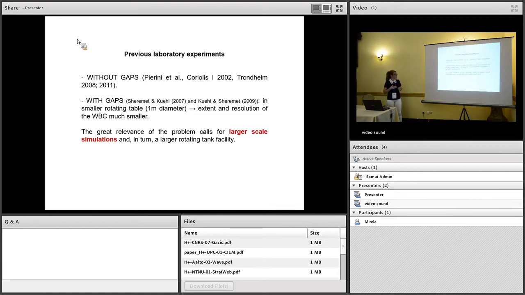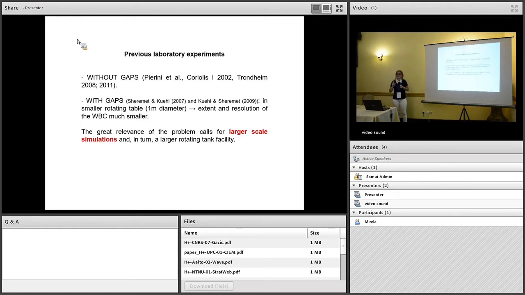What they saw from these small-scale experiments is that we have a double effect. The first one is that we can have, at the same time, different steady states, where the current is penetrating the gap or leaping the gap.